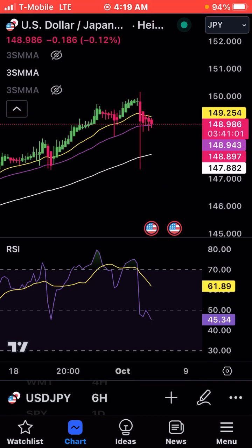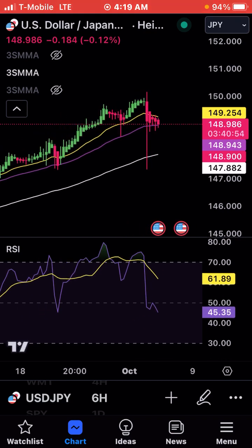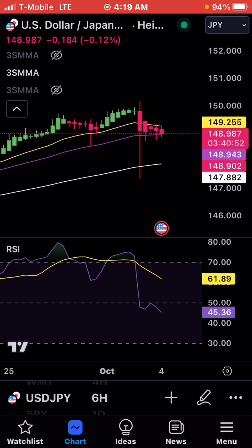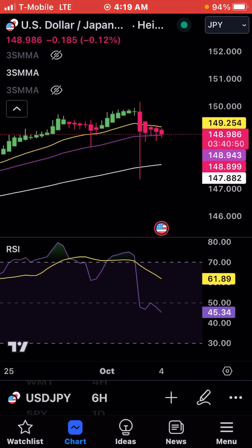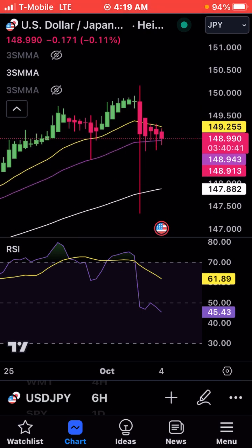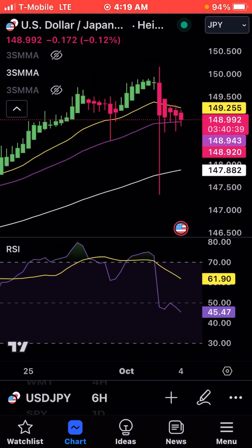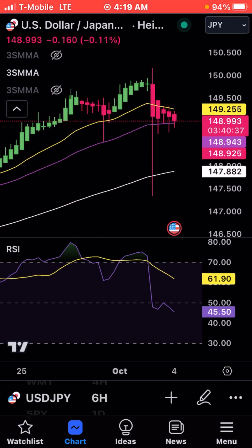So basically, you enter your trade. Since we know that the trend is going up, we focus only on the moments when the RSI is crossing up. Your wait is going to be a while, because this is the 6-hour, and you may have to wait a while. But from what I've seen, it is worth the wait. Let's give a couple examples here.